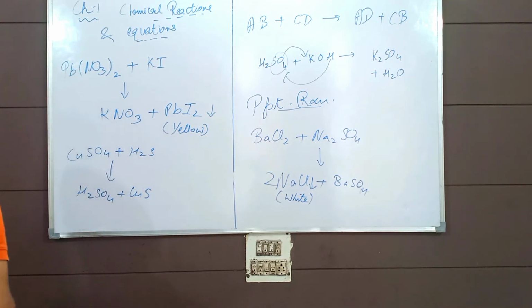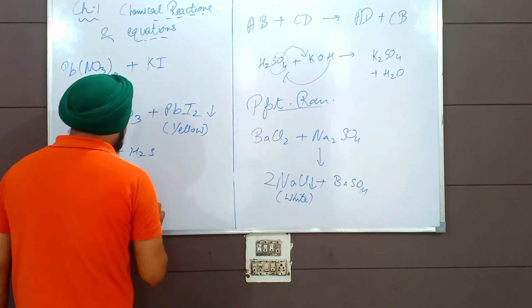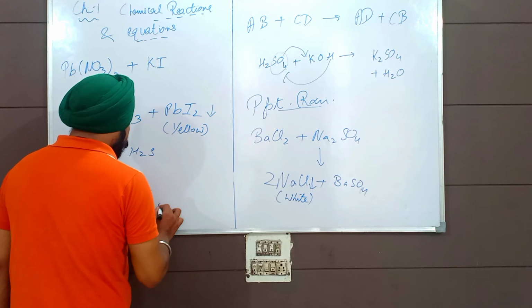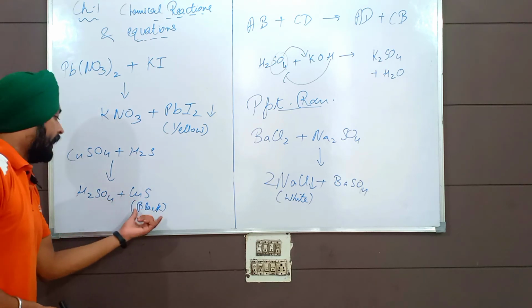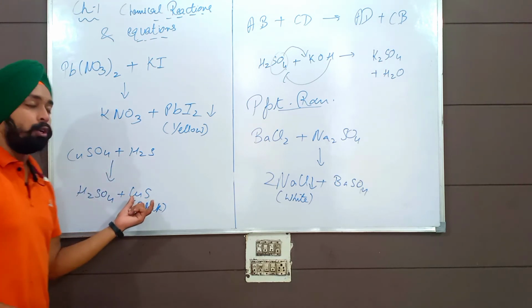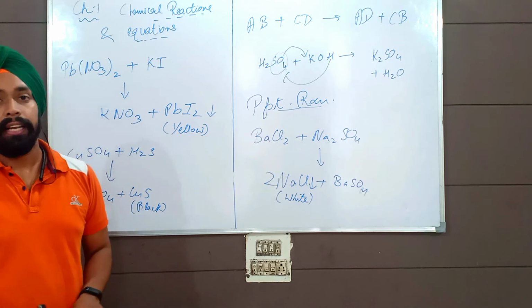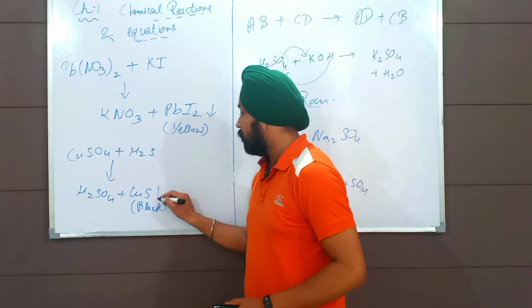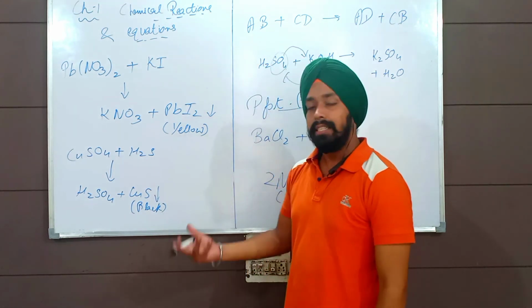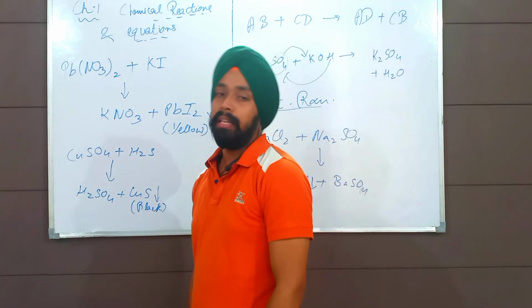This copper sulfide is black in color. So again a double displacement reaction, H2SO4 and copper sulfide. The CuS formed is black in color, hence again precipitation. So these are some reactions under double displacement.